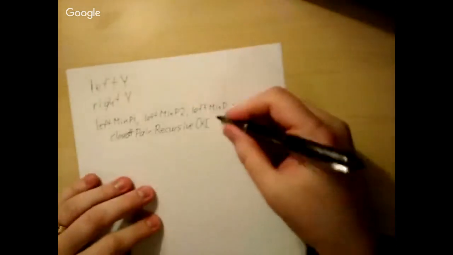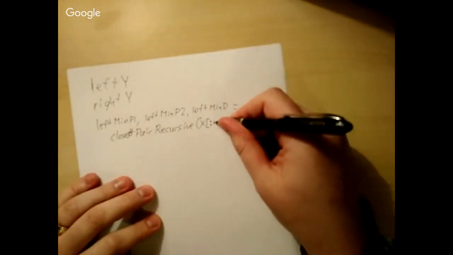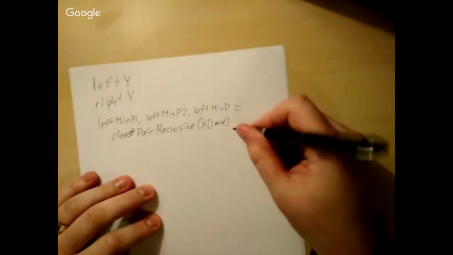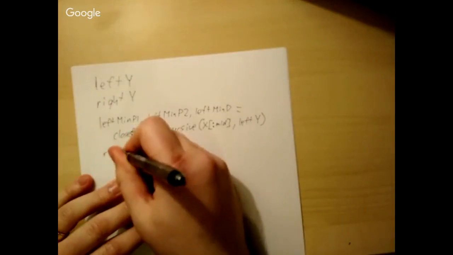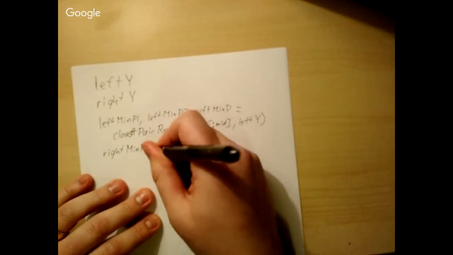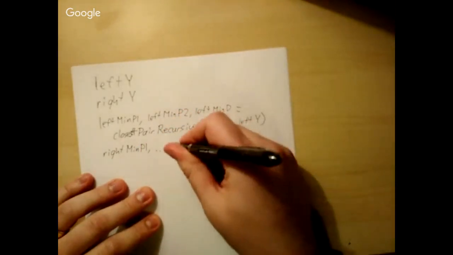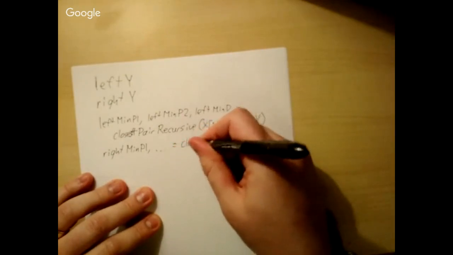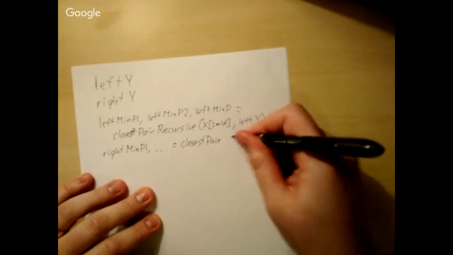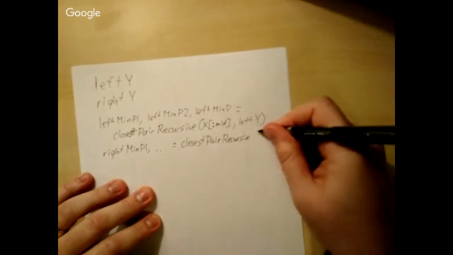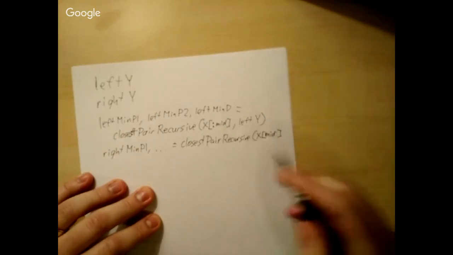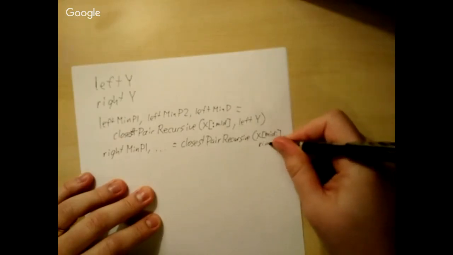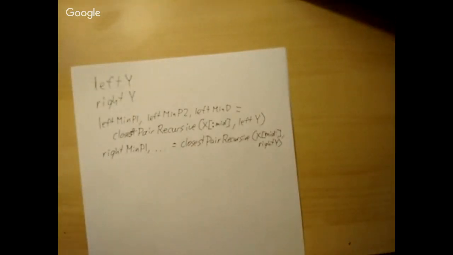We just pass x, all of the points to the left of the mid index, and then left y, and then right min [0].1, etc. It's the same return, equals closest pair recursive of all the points to the right of the midpoint and right y. And so that's it for the conquer step.